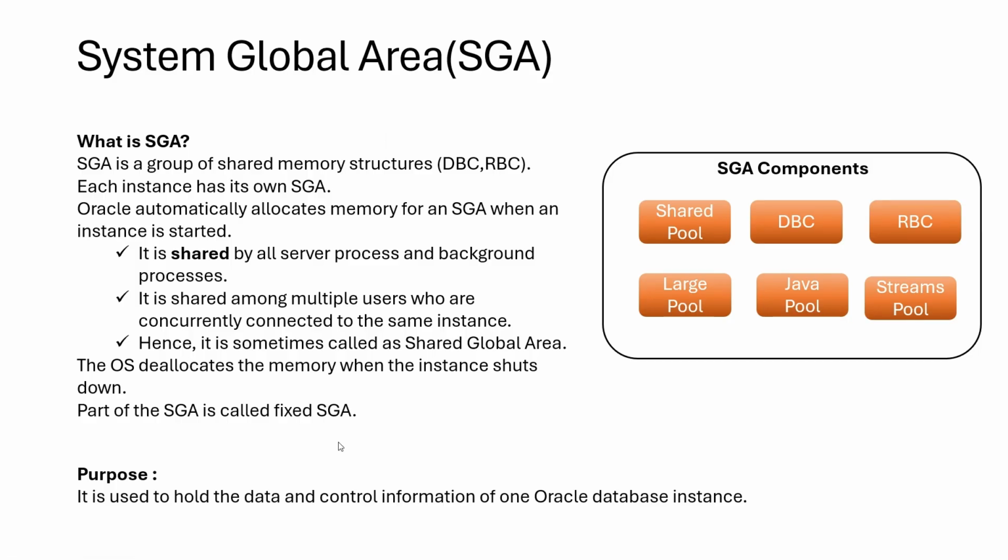So what is an SGA? The SGA is a group of shared memory structures: database buffer cache, redo log buffer. Each instance has its own SGA. So when your database server has one instance, it will have one SGA. If you have two instances, two SGAs.